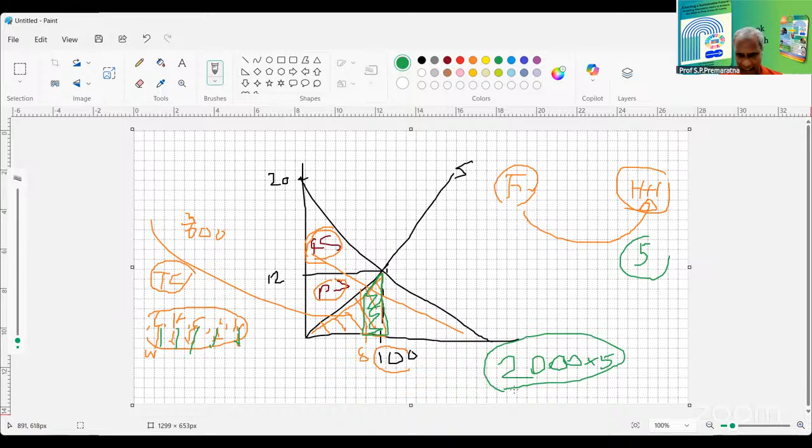This level is not enough. We have to look at the storytelling behind this equilibrium point and how we can use those concepts for policy analysis. That's what I try to teach you.